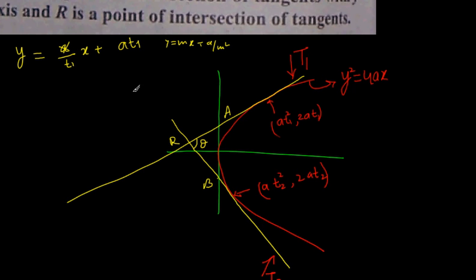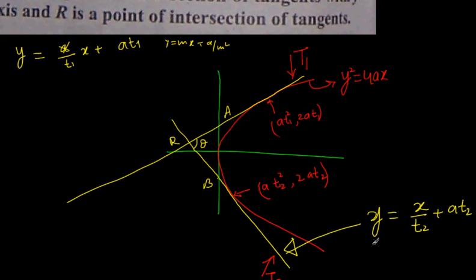This is the equation of this line T1. Similarly, for this tangent, you will have y equal to x by t2 plus at2.